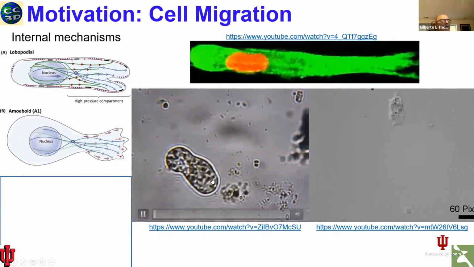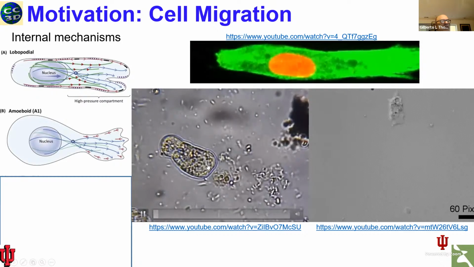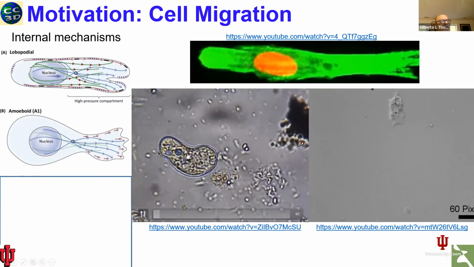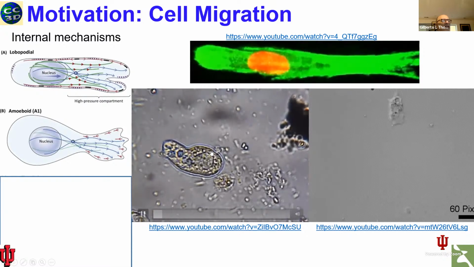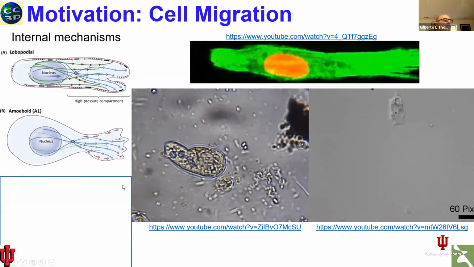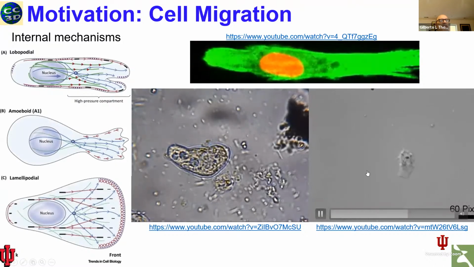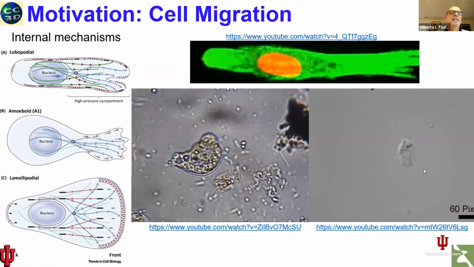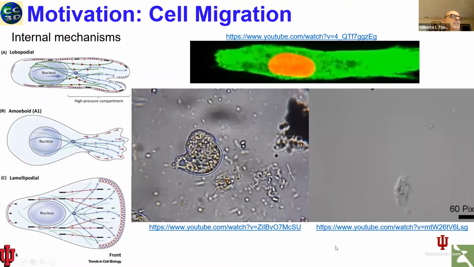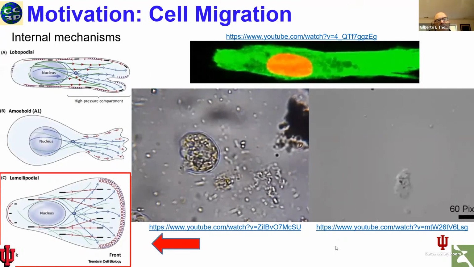Here you have an amoeba in motion. See, the whole cell moves like a blob. Or we have also the lamellipodial motion, which is the one in the movie on the right. This particular motion is the one we are going to pay attention to from now on.